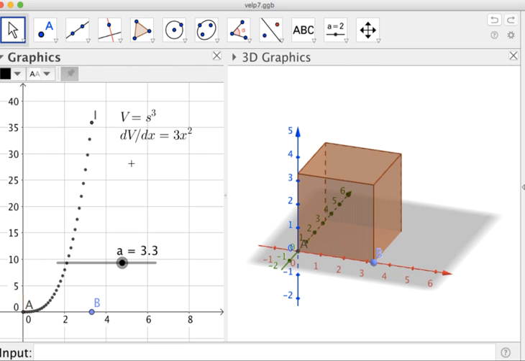And so that, since it has a value of 6x, means that as x increases, the change in volume is going to increase as well. And so that's why we're getting the slope of our curve increasing, increasing, increasing. Okay, so again, the instantaneous rate of change of the volume of a cube with respect to side length is equal to 6s, the second derivative.